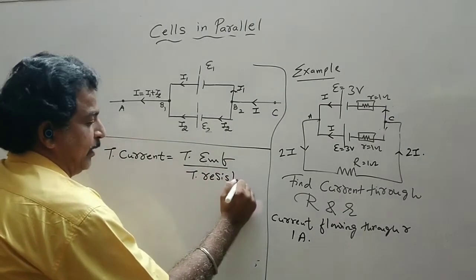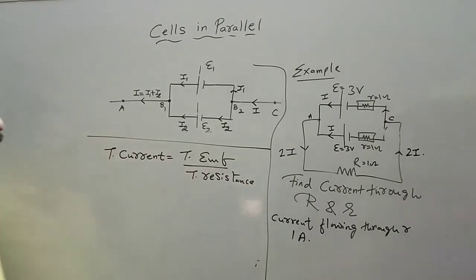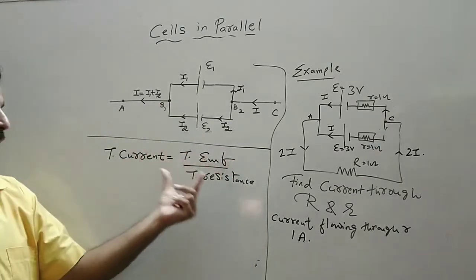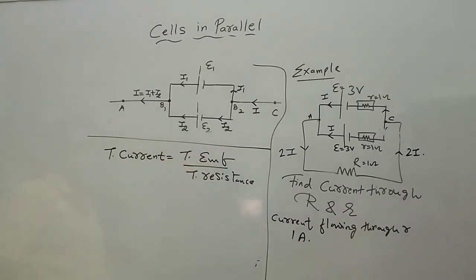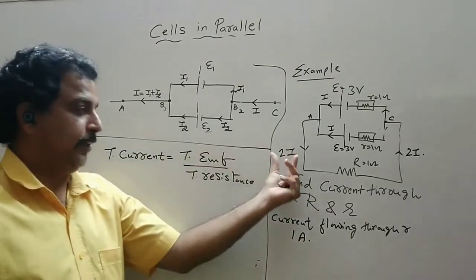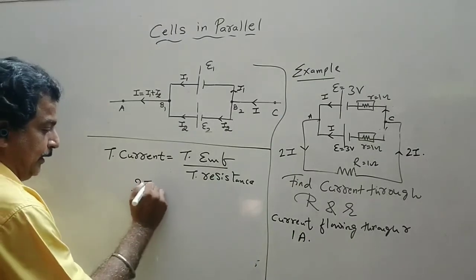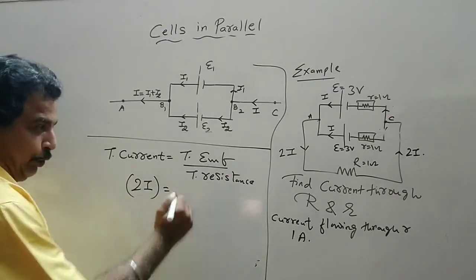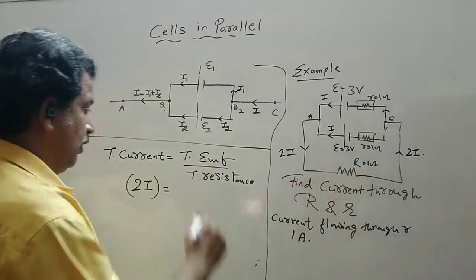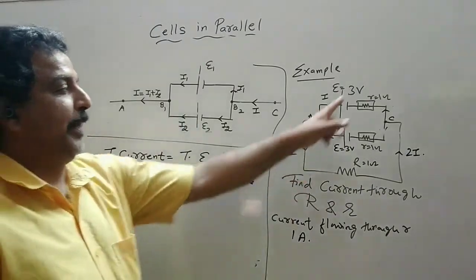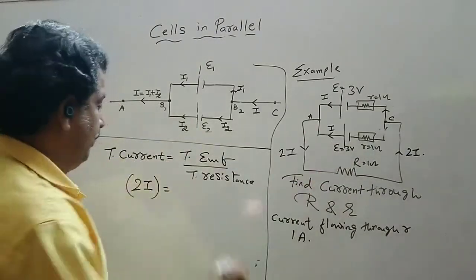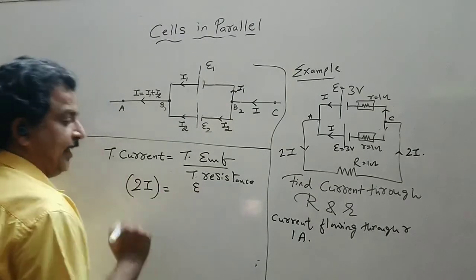This is simply Ohm's law. So I write 2I, which is flowing through external resistance. Total EMF, parallel combination, EMF remains same. So it is E.